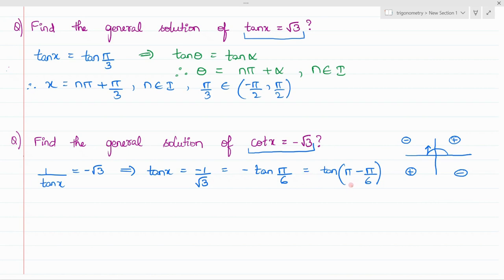I hope you know all these things before, because these are the basic trigonometry we learned before the equations. So it becomes tan x is equal to tan of pi minus pi by 6, that is 5 pi by 6.